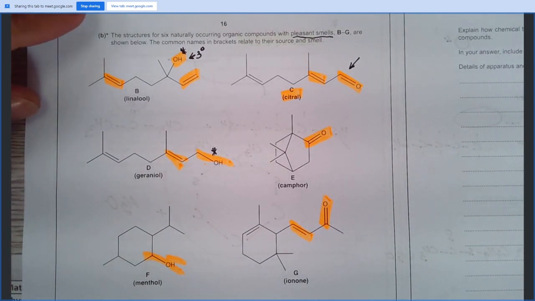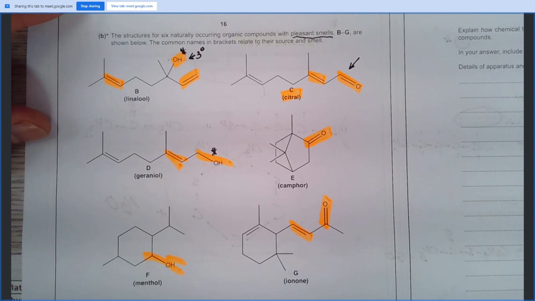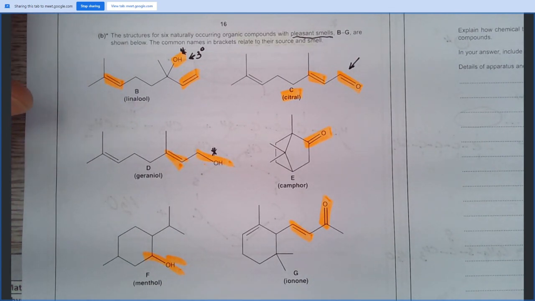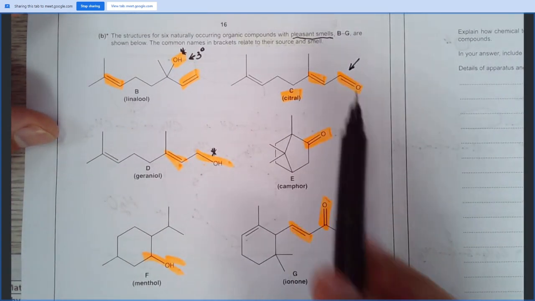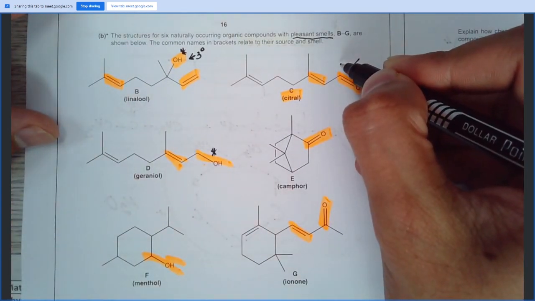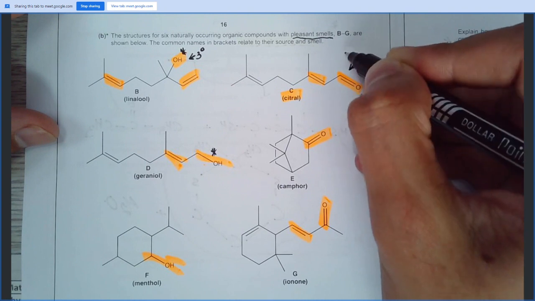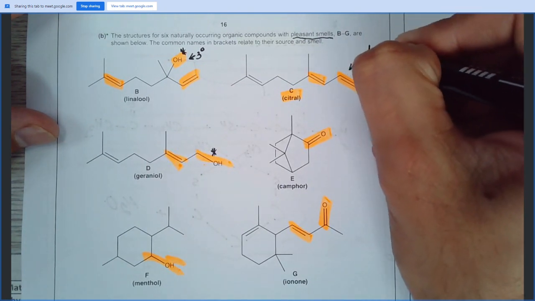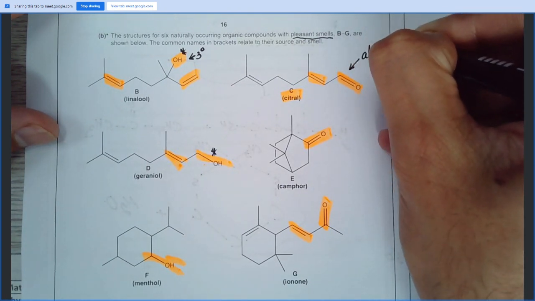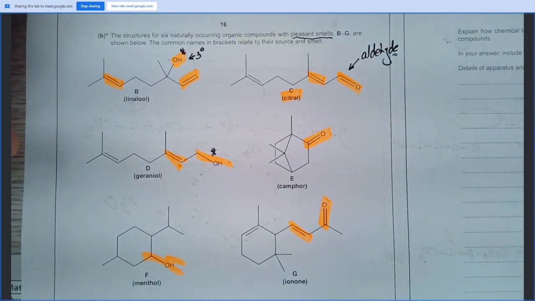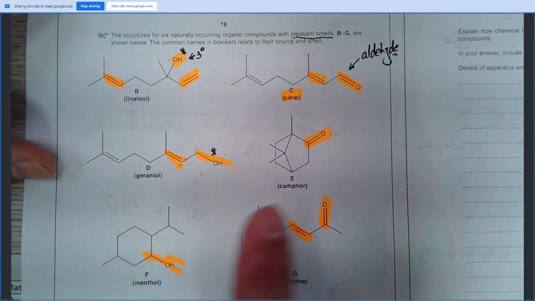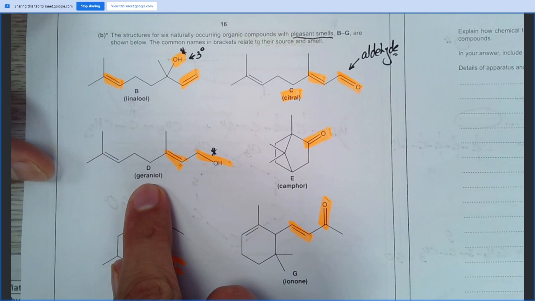Is it ketone? For a ketone, you need 2 CH3s or 2 alkyl groups on both ends. In this case, on this carbon atom, there's a hydrogen above. So when you have C double bond O single bond H, this will be my aldehyde.